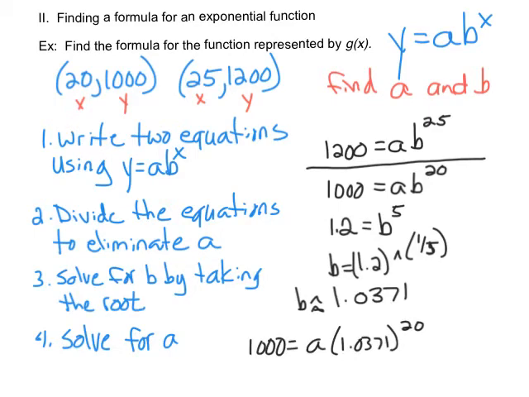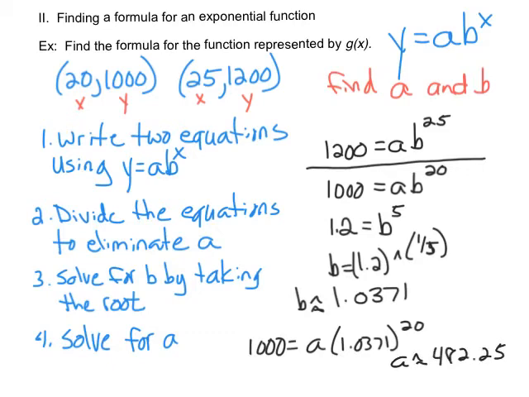So you would put the 1000 in your calculator, and then divide by that number, and you come up with a value for a. A in this case is approximately 482.25.